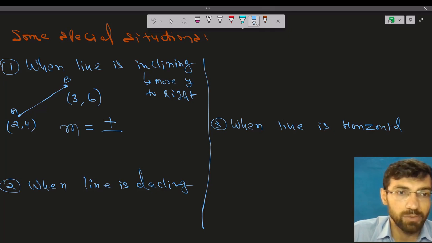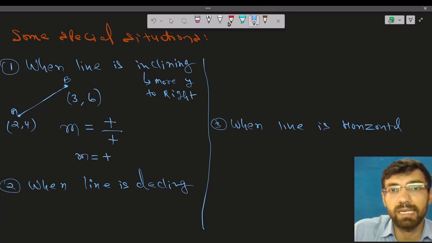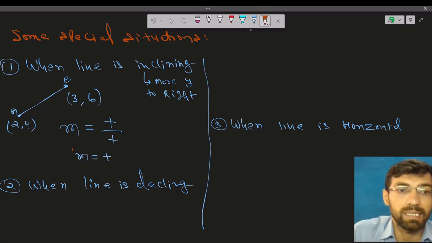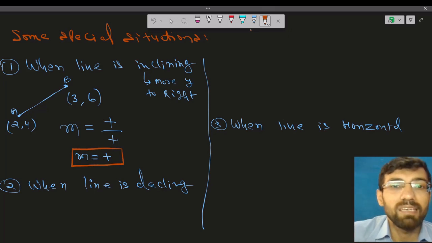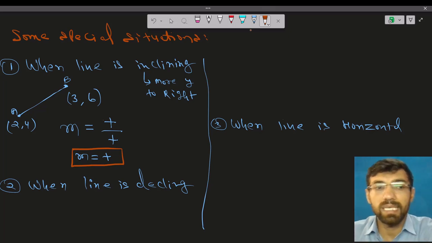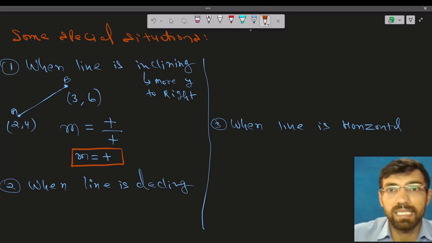Change in x is 3 minus 2. 3 will be more than 2, so it will also be positive. And in that case, positive upon positive. So what is the note point? My final gradient will be a positive number. It means what we can note from here is, when your line is inclining, your gradient will always be positive.